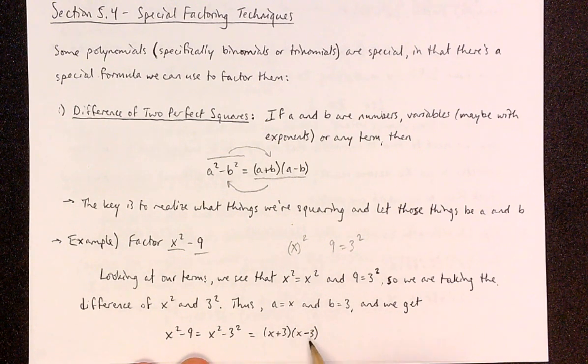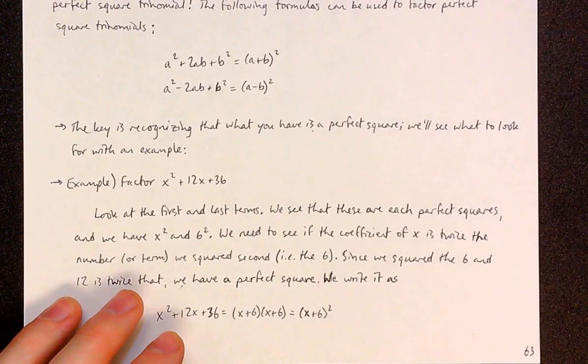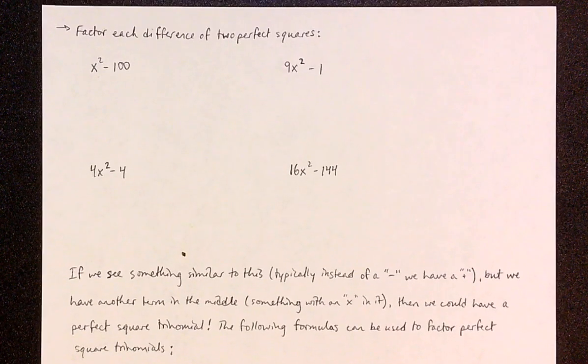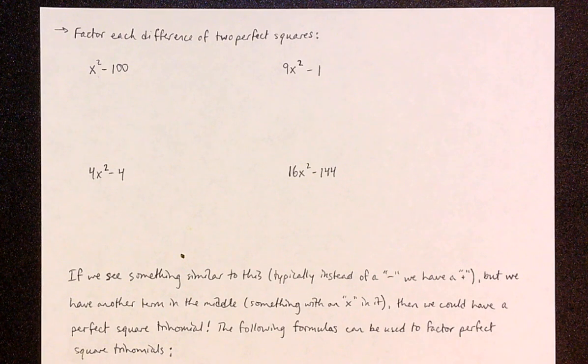If you multiply those things, you should get x squared minus 9. That's how you know that you have it factored properly. So we'll do some more sample problems here. We're going to factor each of these things here.